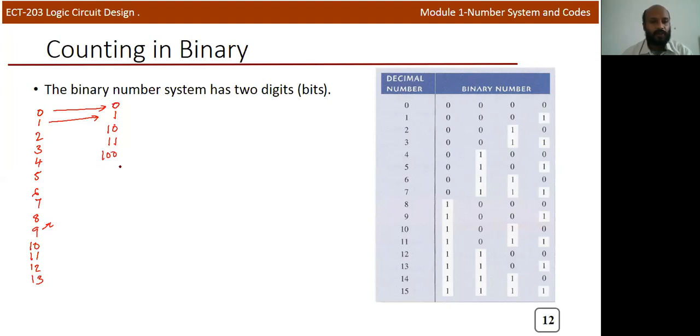You can write 1 0 0. Again you can write 1 0 1, 1 1 0, 1 1 1. Again after this value, you need to consider it as 999, so it will be 1 0 0 0.